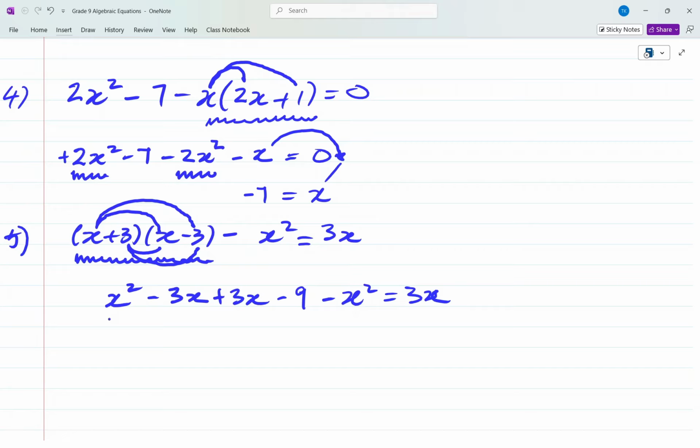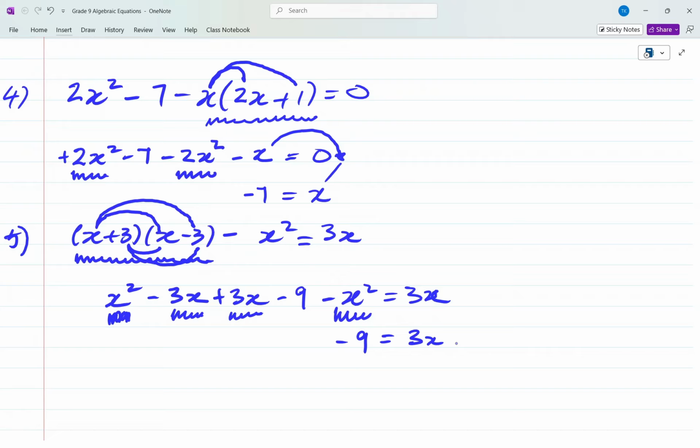Grouping the like terms, I expect you to see that this value here will subtract this one. You are left with 0. Same thing applies to this one. This negative value will add its positive inverse. You're left with 0. Its positive additive inverse. And then negative 9, you have 3x on the right hand side.